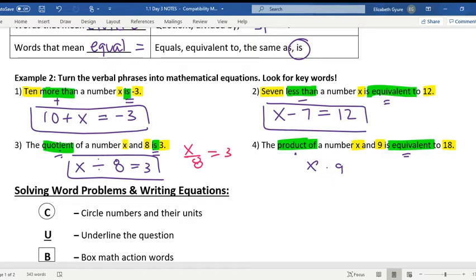Is means, what sign should I use? Equals, and then what number needs to go on the back? 18. Very good. Is this the only way I could write multiplication? No, you can put a little X if you want. You can put parentheses if you want. This is just the way I like to write it.